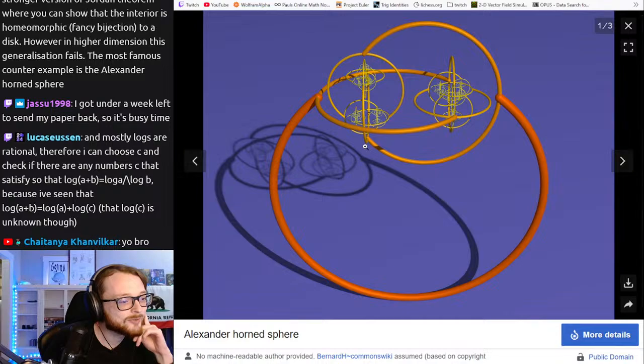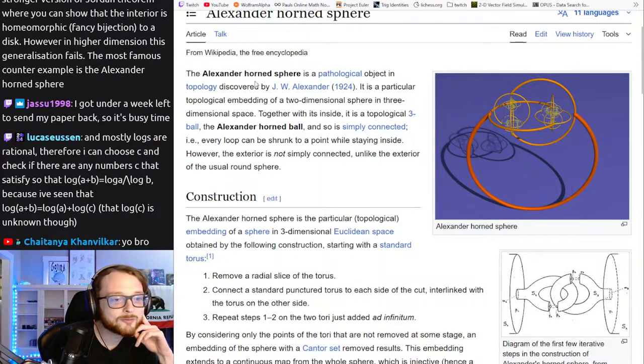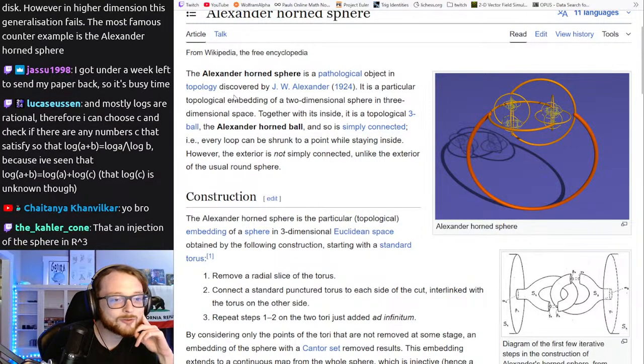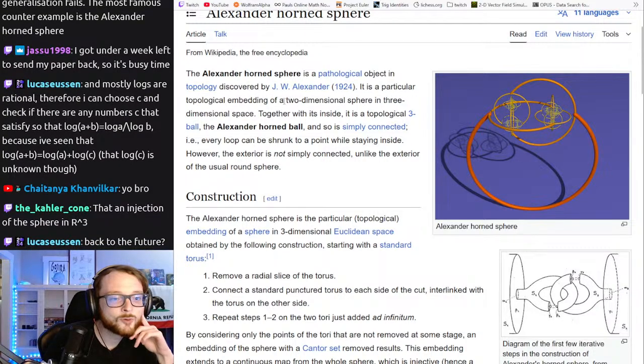Hey, Chaitanya? Leave it to topologists to discover such a weird shape. Two-dimensional sphere. A circle? In three-dimensional space? Oh, wait. No. Okay.